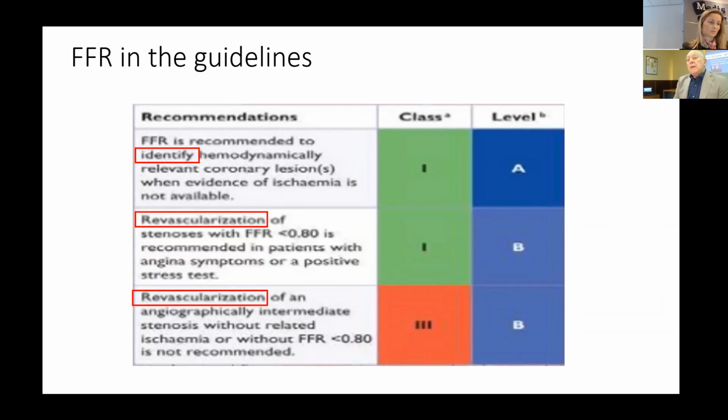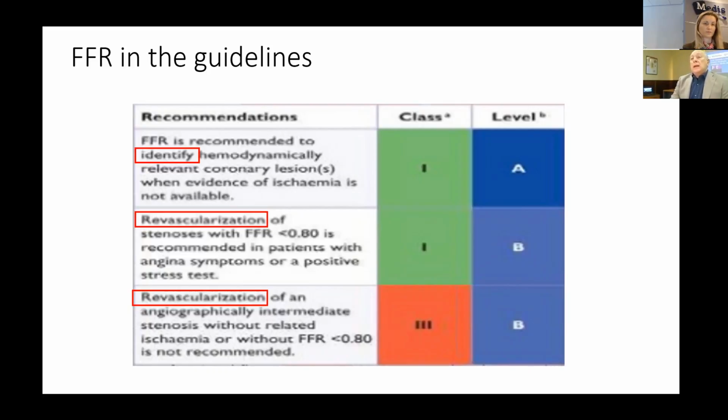You must revascularize all the stenosis with FFR less than 0.80, and you must not revascularize angiographically intermediate stenosis with FFR greater than 0.80. These are now a contraindication to revascularize.